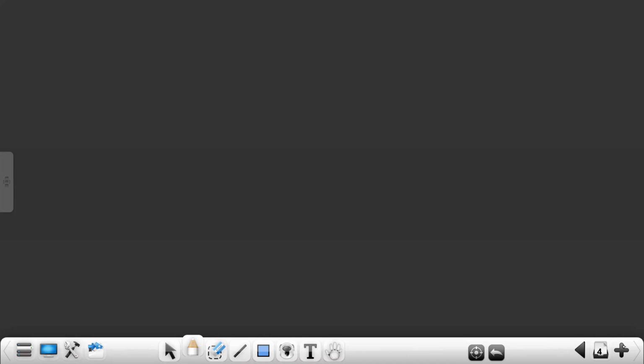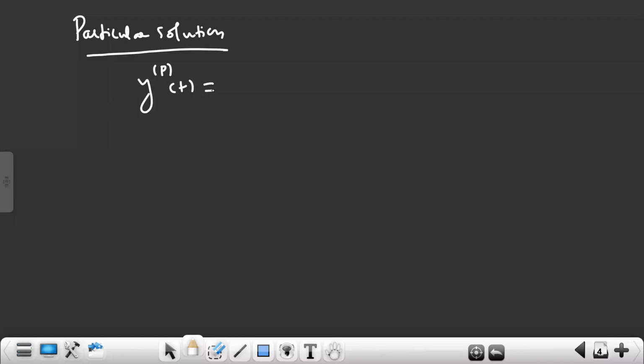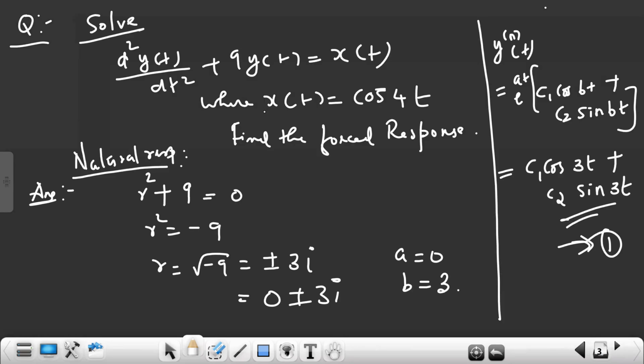To find the forced response, you first find the particular solution yp of t. According to the given input, what is your input? Input is cos 4t. So go to the table we discussed yesterday, where the input is cos of omega t plus phi.